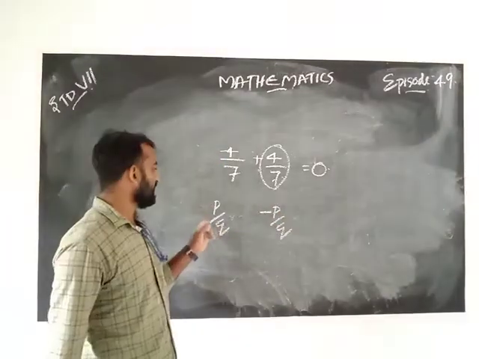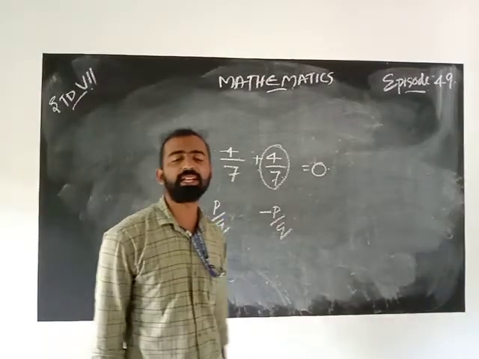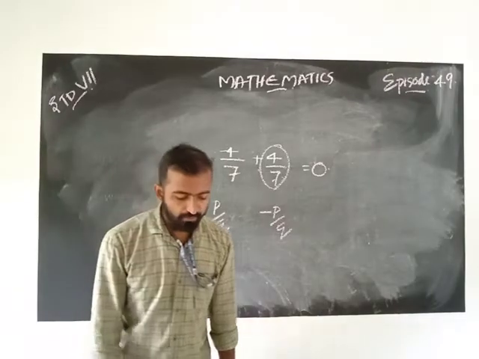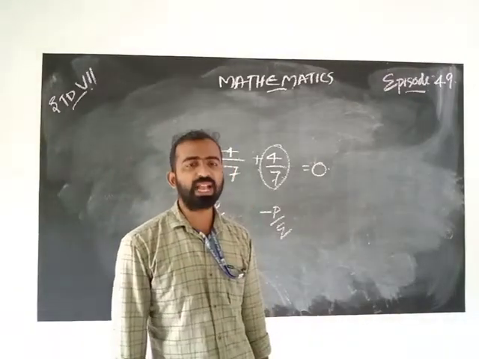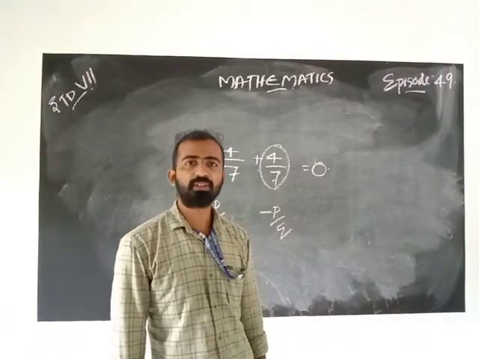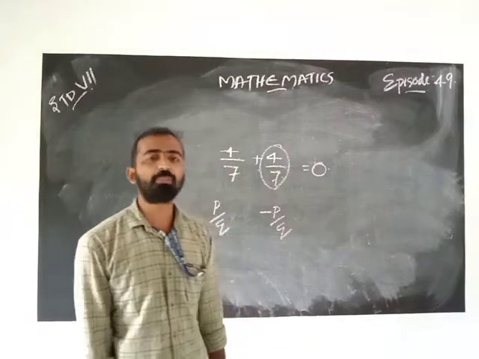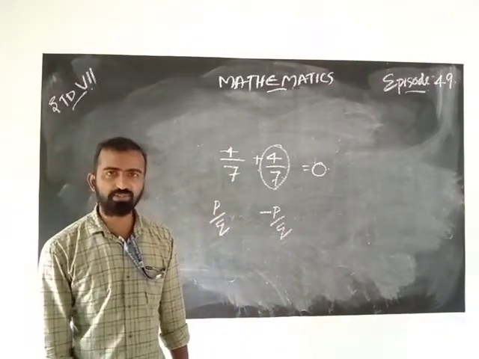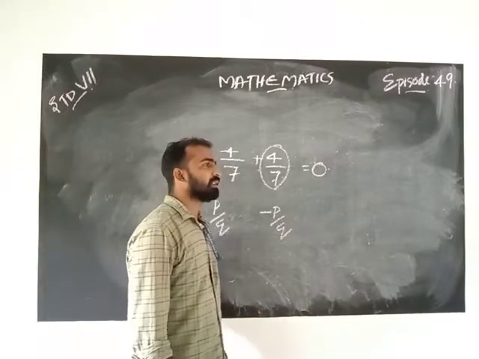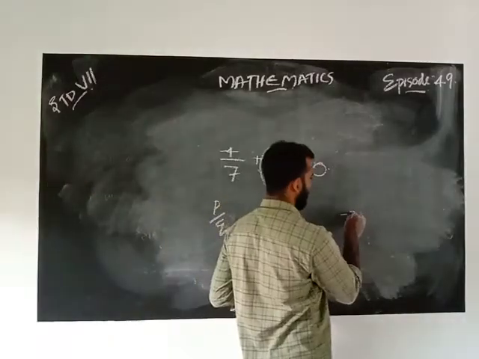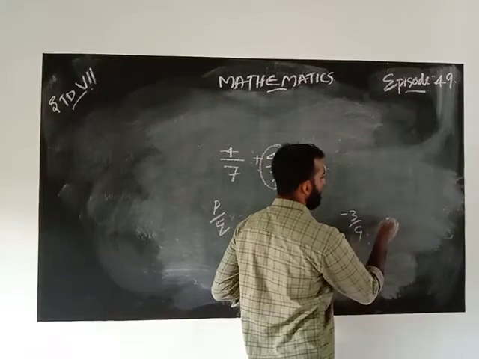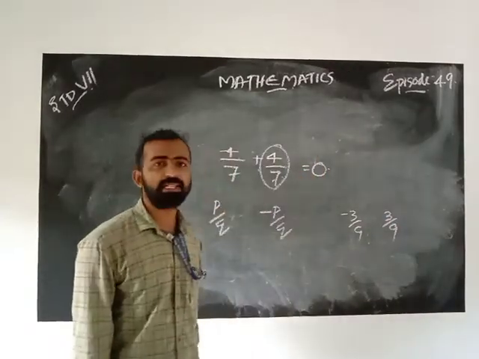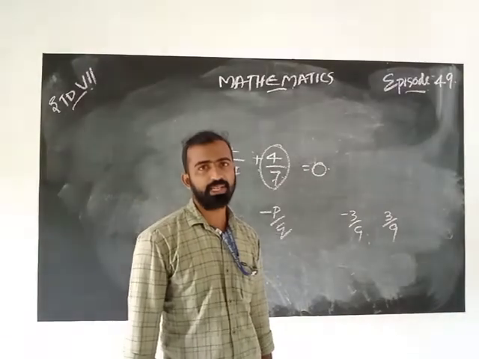Is it? Yes. Then the additive inverse of negative 3 by 9 is 3 by 9.